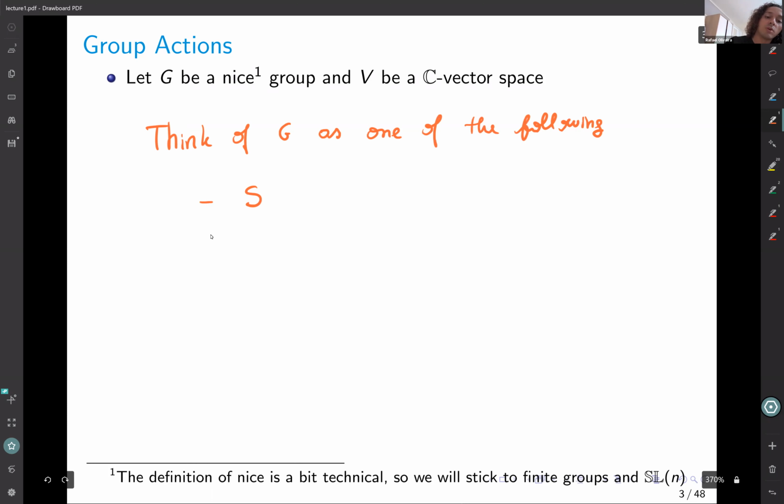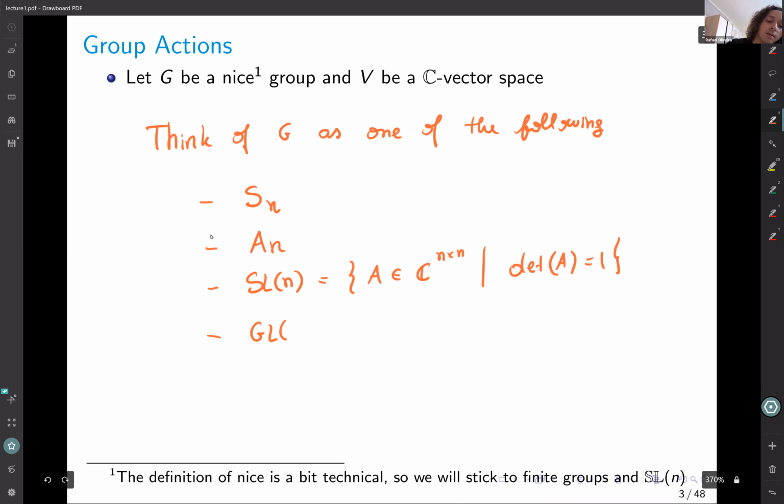Okay, so we can have the group of permutations Sn, or the alternating group An on n elements, or we can think of it as being the SLN, which is the set of all complex n by n matrices A such that the determinant of A is equal to 1, or we can also have GLN, which is the set of all n by n matrices A such that the determinant of A is different from 0.